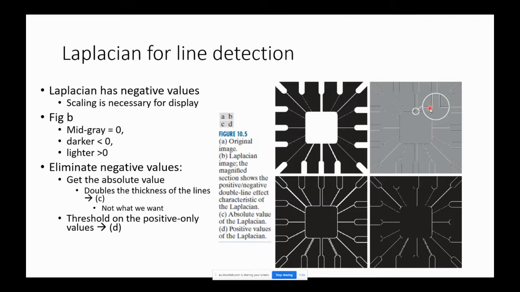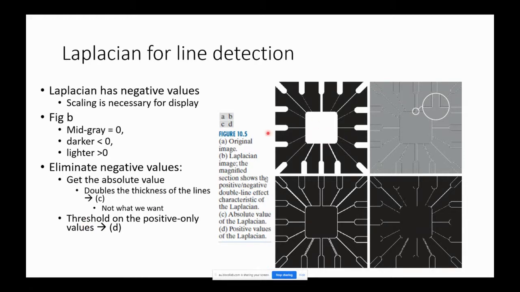This is going to become one very thick line. It's not what we want. So basically, a solution is to threshold only on the positive values of the Laplacian.